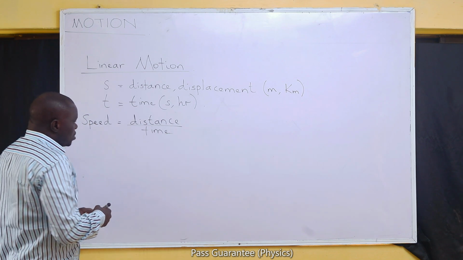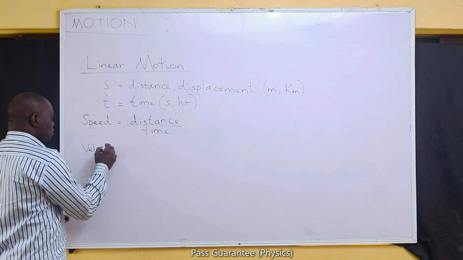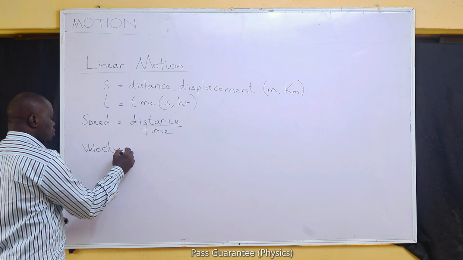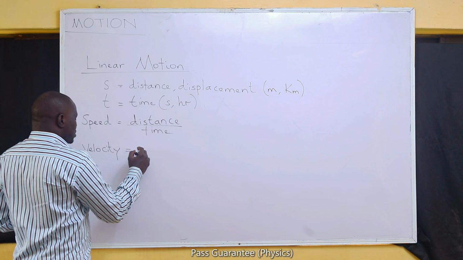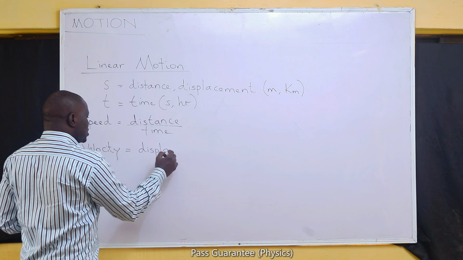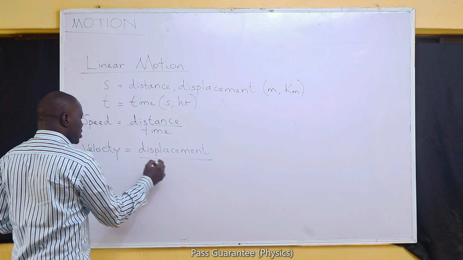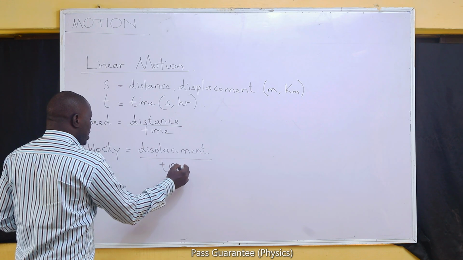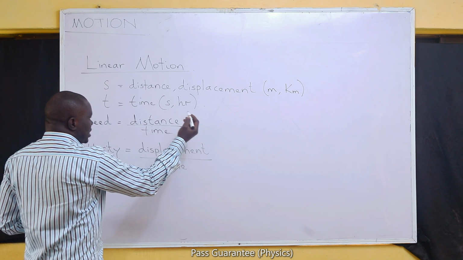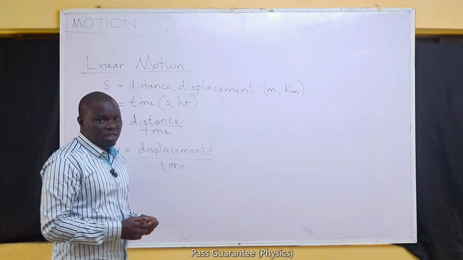And more commonly, speed can also be referred to as velocity under motion. The velocity is the rate of change of displacement with time. So remember that I said that under motion, distance and displacement are almost about the same thing.